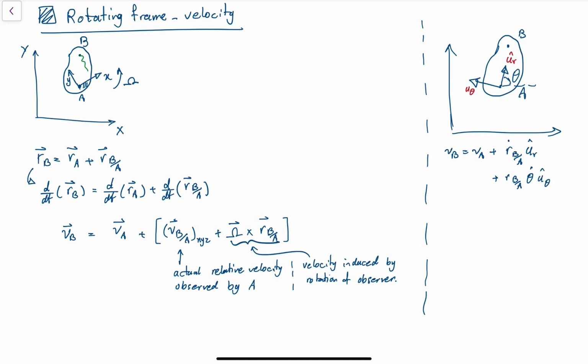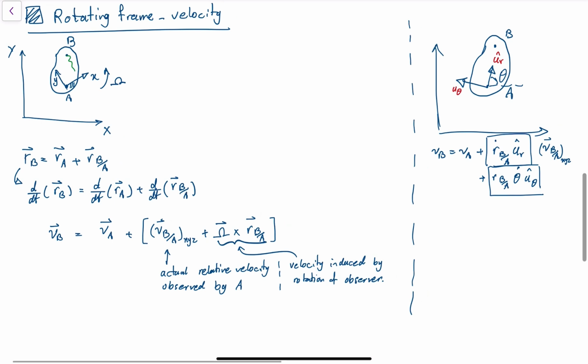We had these. And this is exactly what we have here. We have the first term, we called it, in this new formulation, V of B relative to A as observed by this frame XYZ. And this second term is our omega cross R of B relative to A. So these are the same formulation that we always had.